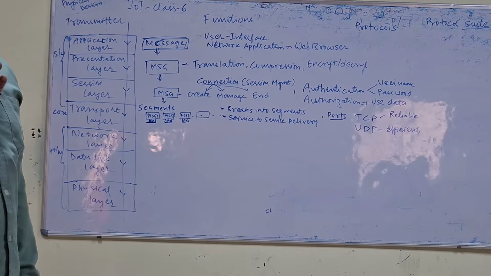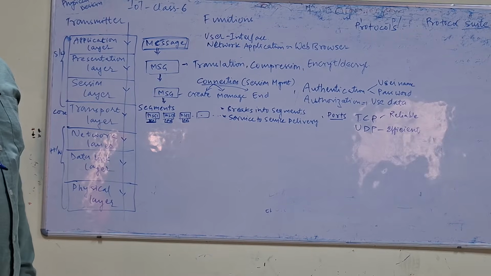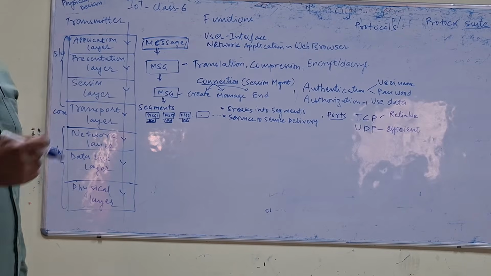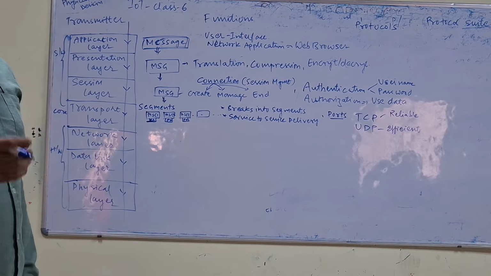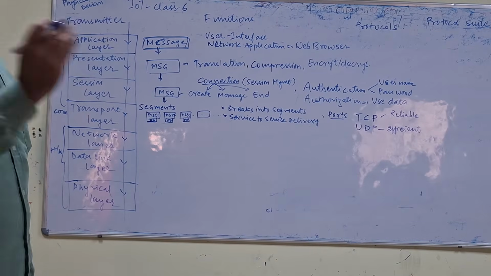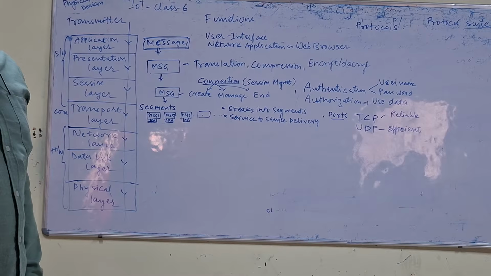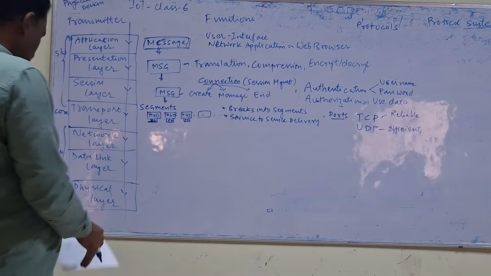Or you are watching a YouTube video, you prefer UDP. If some fraction of a second, some segment is missing, no problem. So these are the examples.